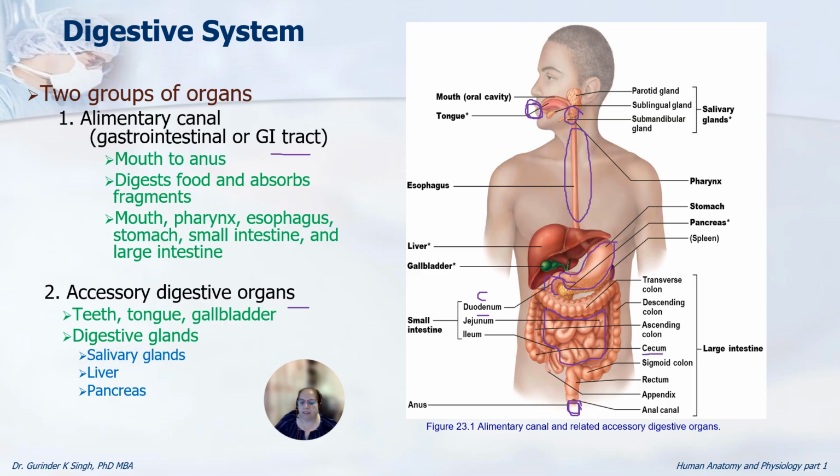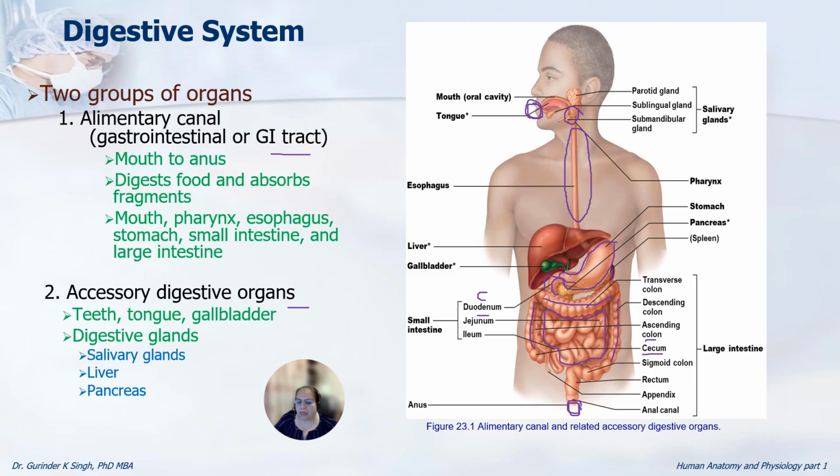Then we see the large intestine coming upwards, or superiorly. This is known as the ascending colon. The large intestine is also known as the colon. So this is the ascending colon, and then we have the transverse colon, which is in the transverse plane in our abdominal cavity, and then the descending colon.